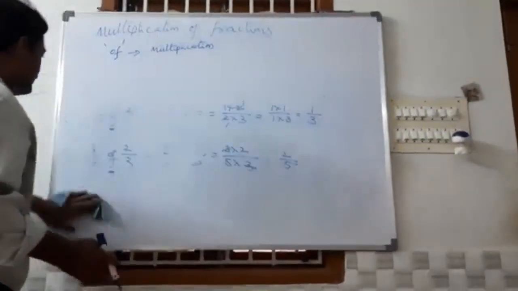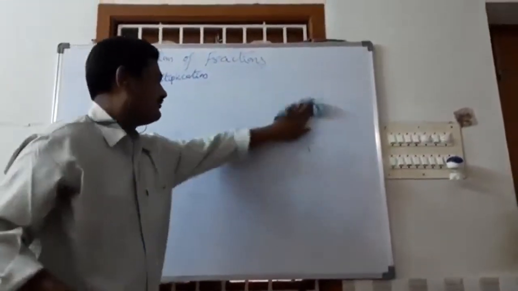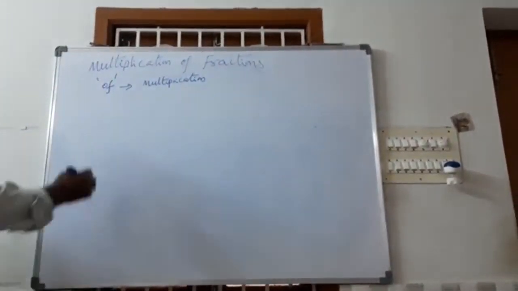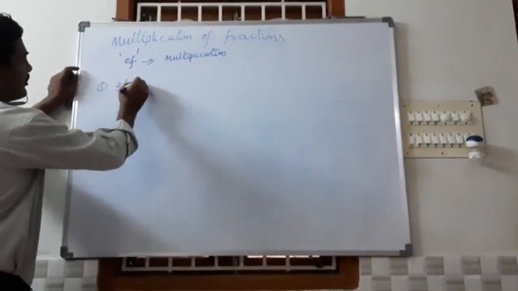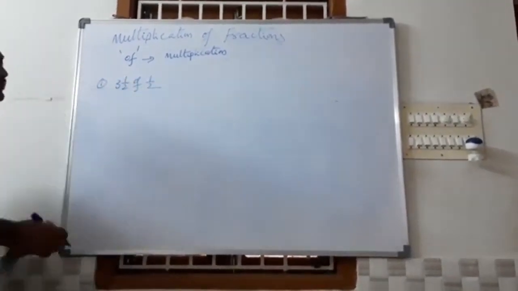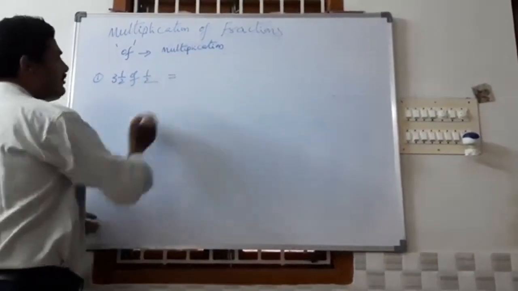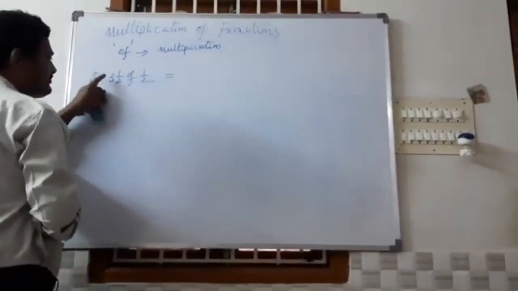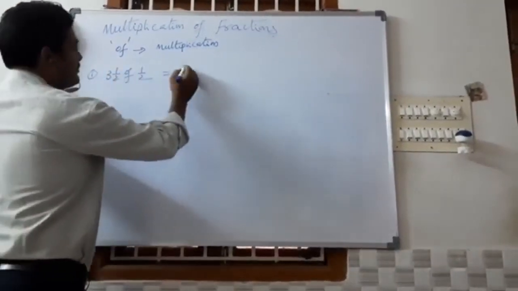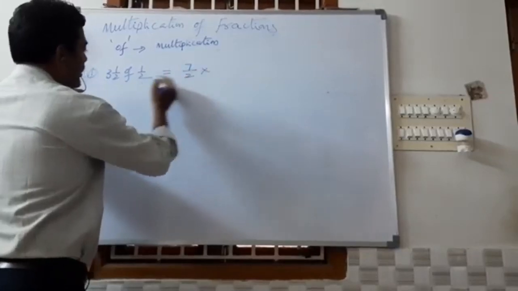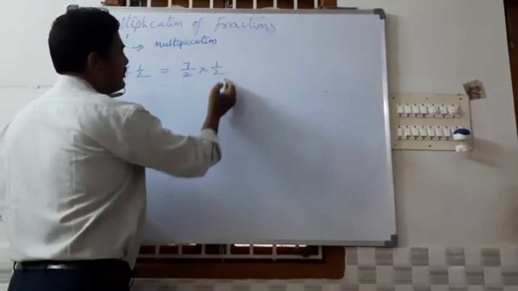Next, mixed fractions. First one, 3 1 by 2 of 1 by 2. First, this mixed fraction will be converted into an improper fraction. 3 2s are 6, 6 plus 1, 7 by 2. "Of" stands for multiplication, and 1 by 2.